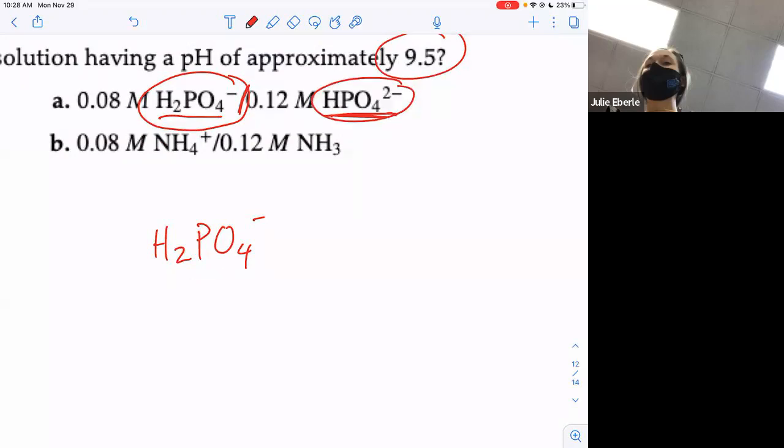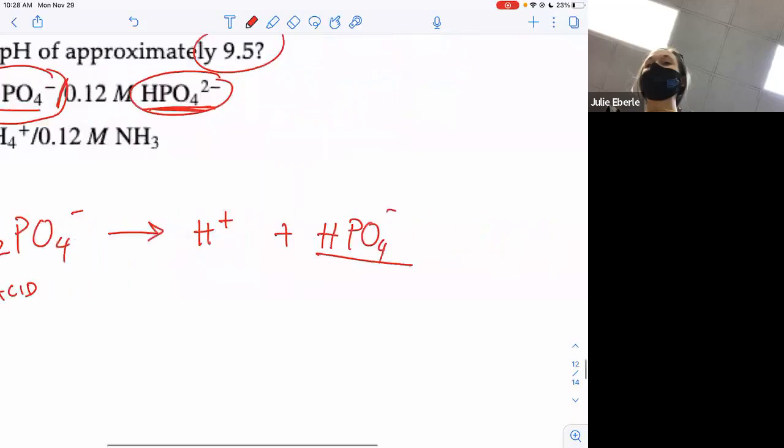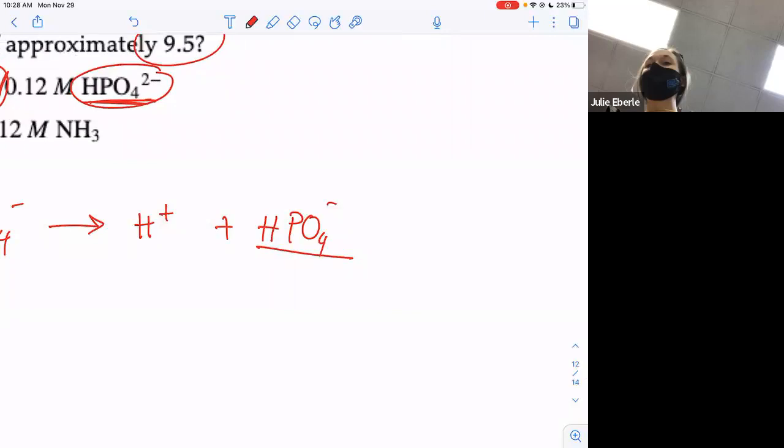So let's draw the dissociation reaction. H+ plus HPO4 2-. You see how when this is acting as the acid, it's a weak acid, but when that's acting as the acid, this becomes the conjugate base. If this is the acid, what's the conjugate base? Oh, that should be a 2-.